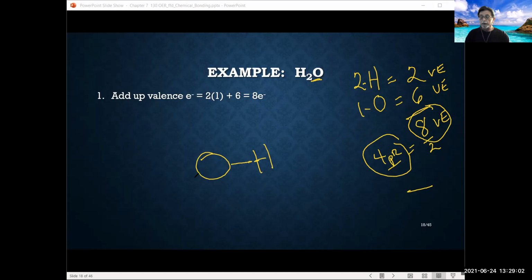That takes care of one hydrogen. Then I put a second one. Now that took care of 2 hydrogens, and guess what? It took care of 2 pair. So from the 4 pair that I have to work with, I can subtract 2. I got 2 pairs left to work with.